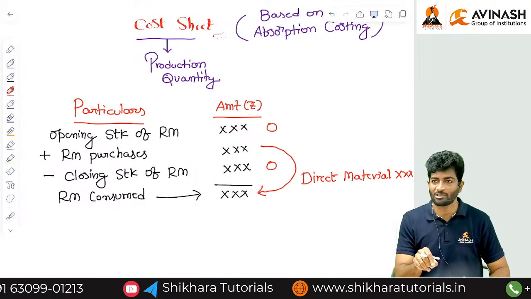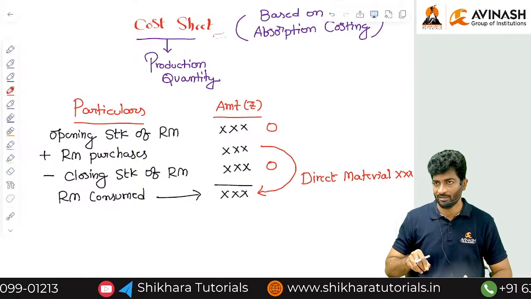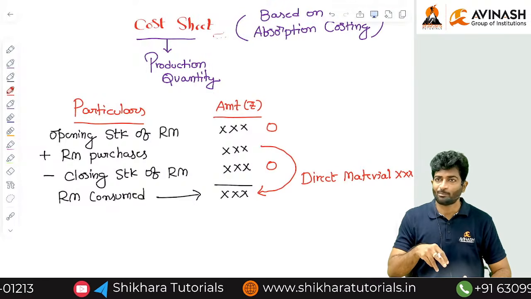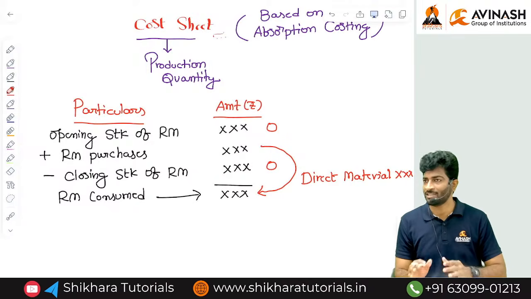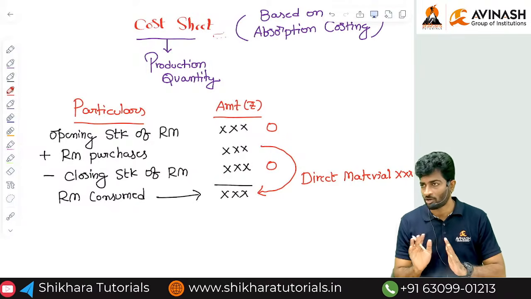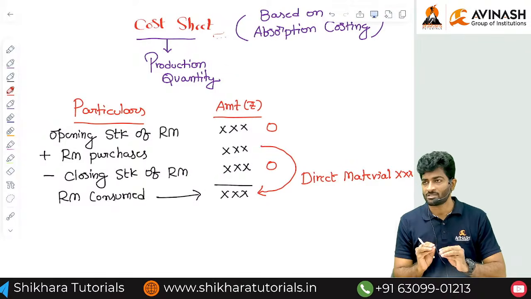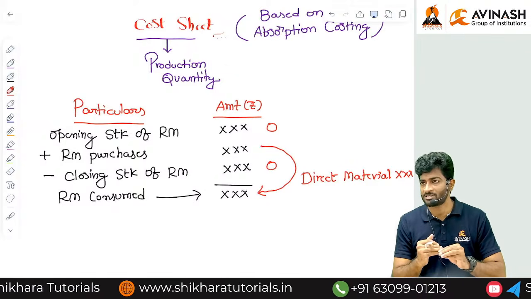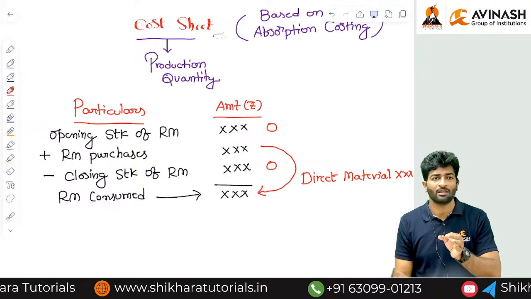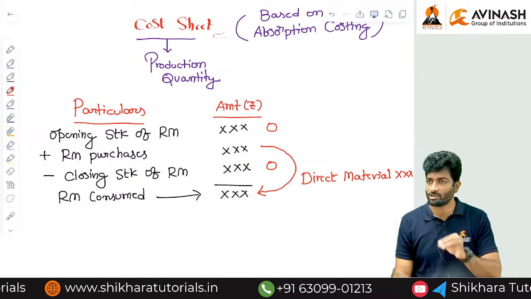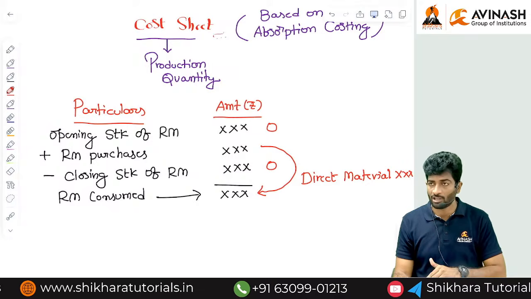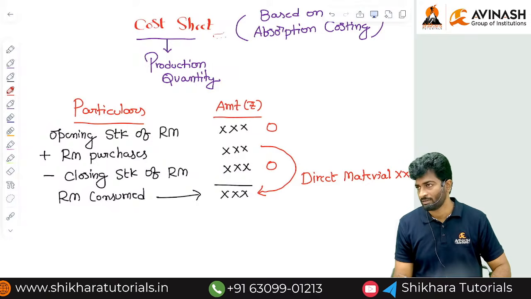You have to write plus 50,000, you have to write minus 50,000. Sir, as the numbers are matching, I will assume if both numbers are same, purchase equal to consumption. See, there is not an equation, there is not a logic. As numbers are same and in opposite signs, they will get cancelled and the impact is 0. But you have to write all the 4 lines, show your plus 50,000, minus 50,000, show all the 4 lines, purchase equal to consumption. Clear?